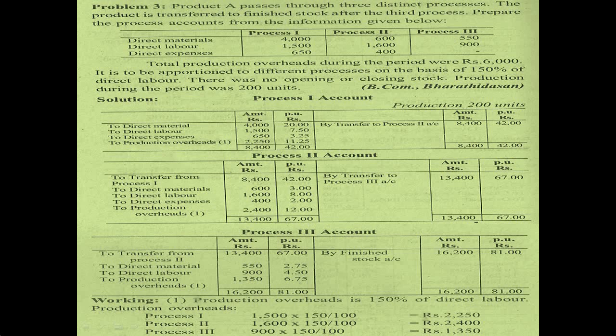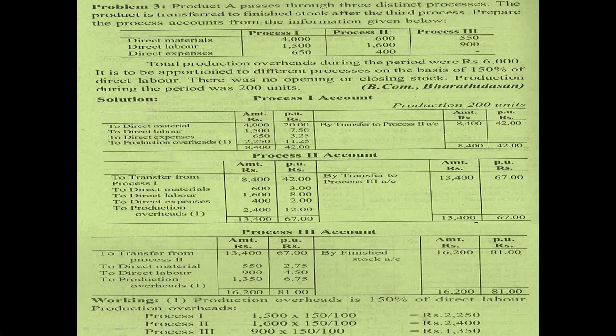For process 3, direct material 550, direct labor 900. Total production overheads during the period were rupees 6,000. It is to be apportioned to the different processes on the basis of 150% of direct labor. There was no opening or closing stock. Production during the period was 200 units.